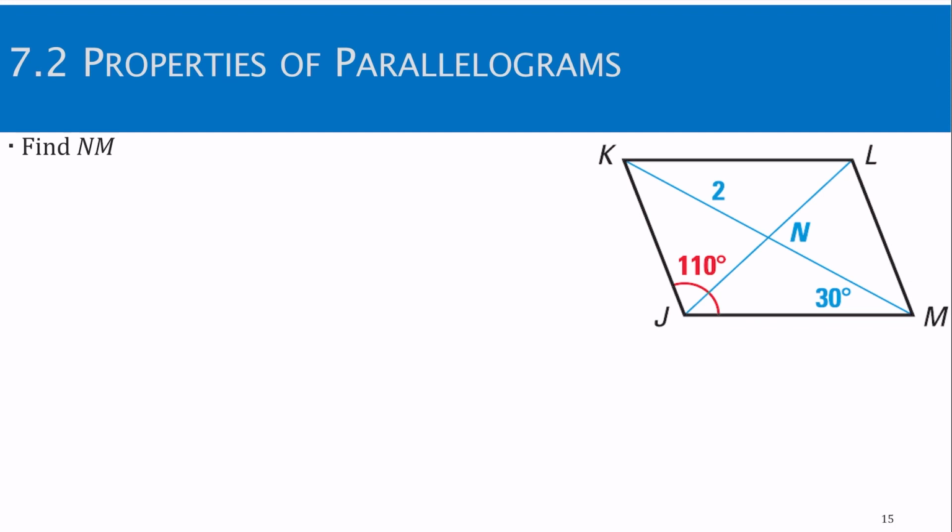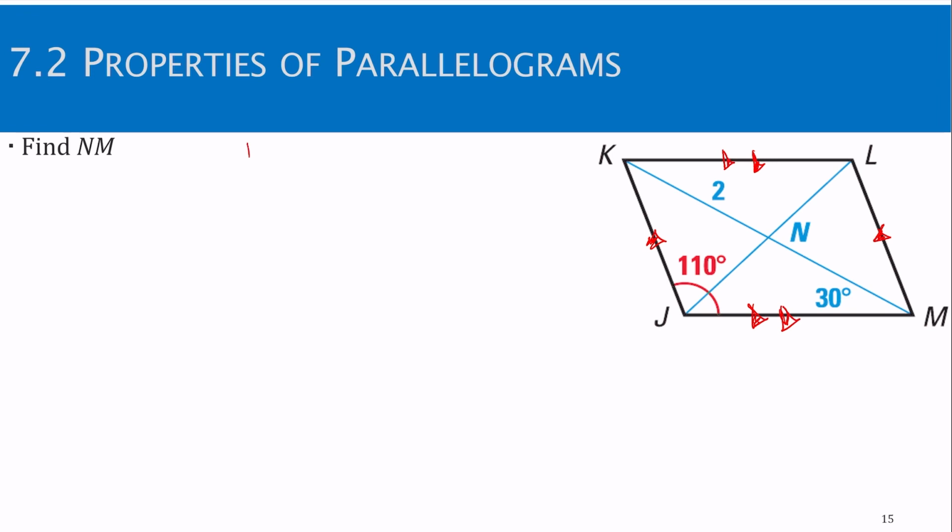Let's try another example. Find MN. All right, now I didn't tell you, but I'm telling you this is a parallelogram. MN is part of the diagonal.